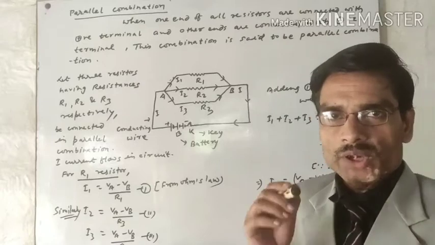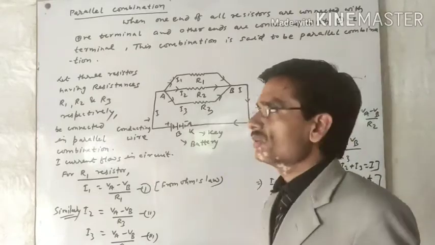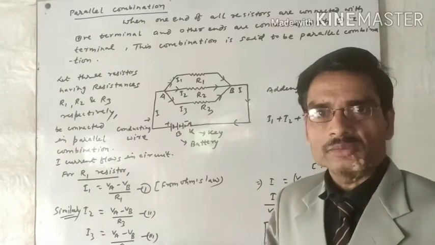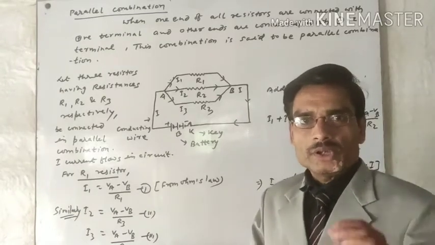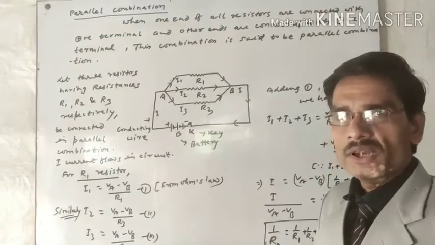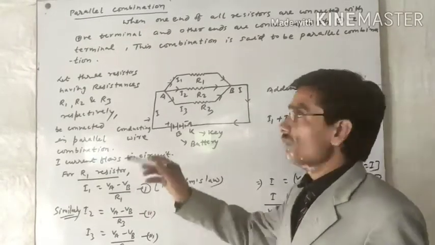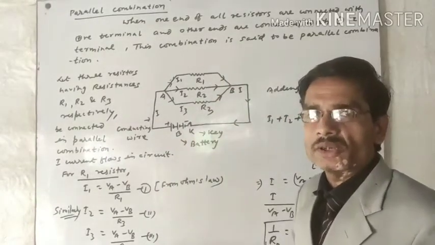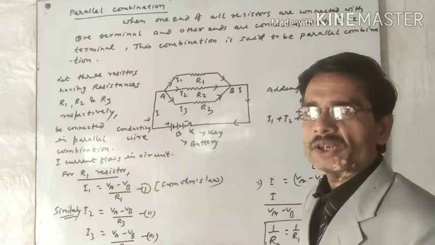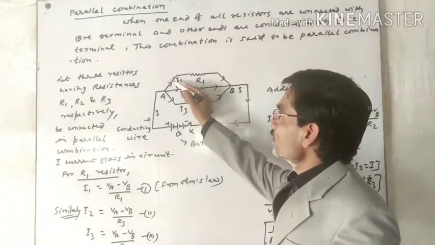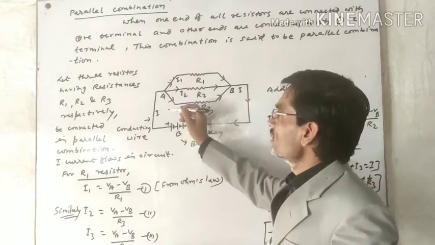When one end of all resistors is connected with the positive terminal, and the other end is connected to the negative terminal of a battery, this type of combination is called parallel combination. Pay attention here. These are three resistors, 1, 2 and 3.